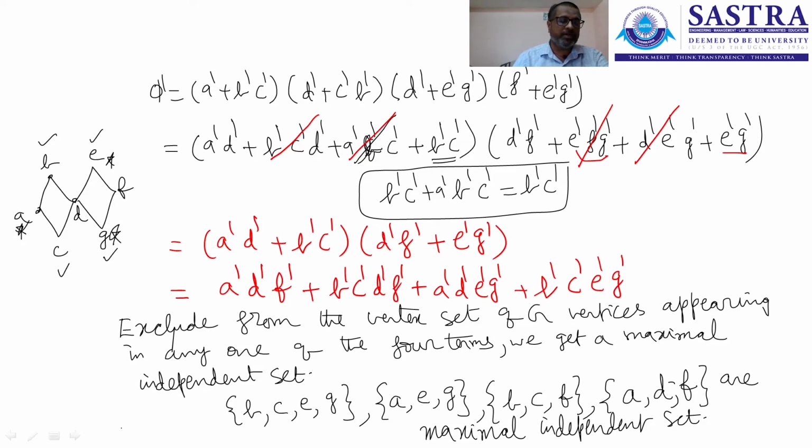Now, as an application to this, I'll just give you a problem, and I will also prove it. What is this problem? This will be given in terms of the communication network.